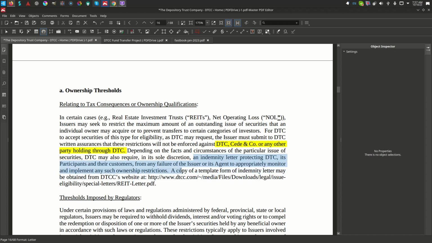Now, boom. A copy of a template form of indemnity letter may be obtained. Now watch this.